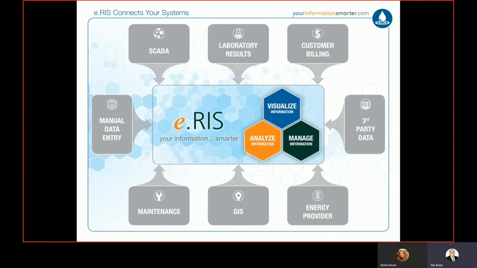We have clients who are connected to all of these kinds of systems, and some that are only connected to just a few, but just about any data repository, any place where you store data, Eris can connect to. And what does it do? Well, it helps you visualize, analyze, or manage that information. So it's an enterprise system that helps you do those three things.